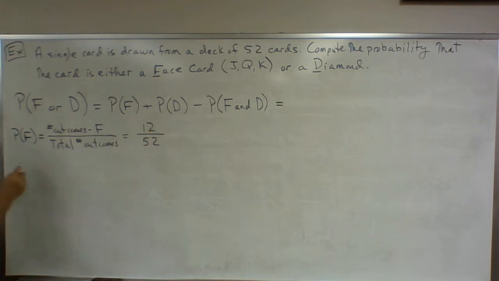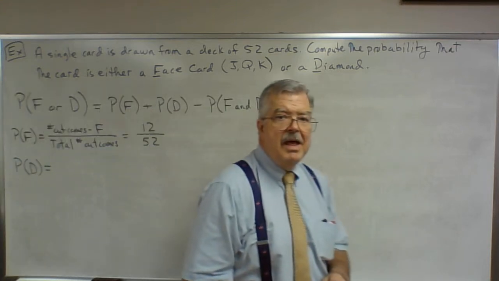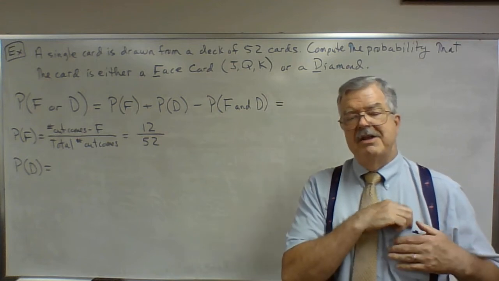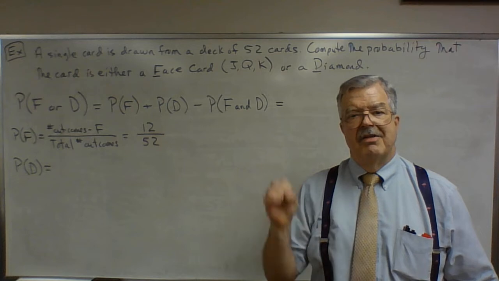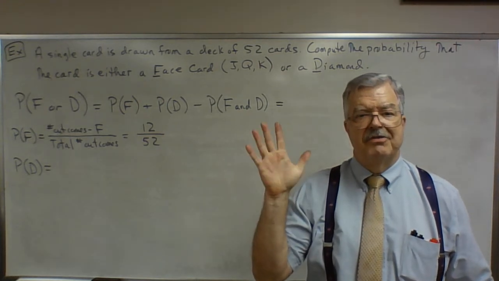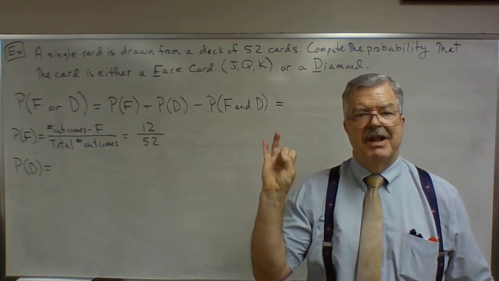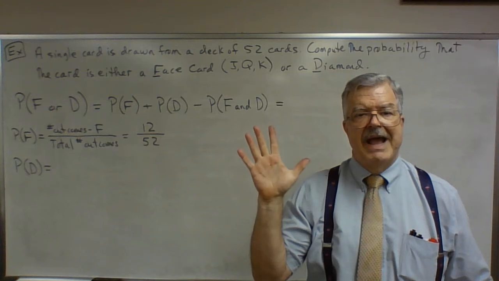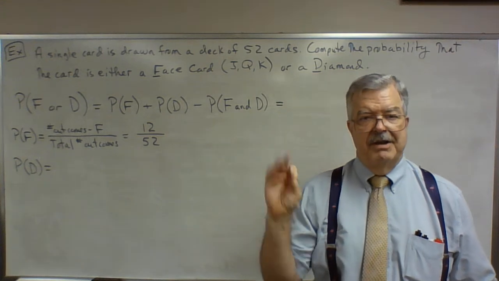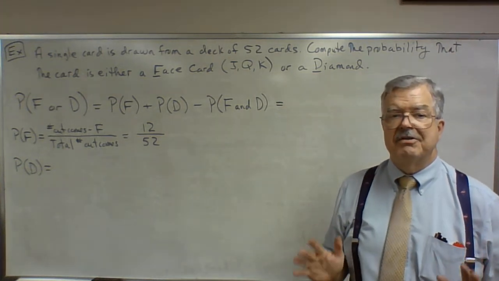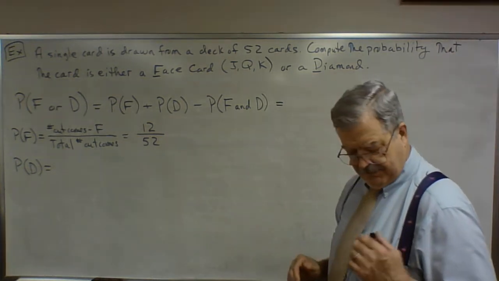Now, what about the probability that we get a diamond? In each deck, there are 13 diamonds. There's 2, 3, 4, 5, 6, 7, 8, 9, 10, Jack, Queen, King, Ace, 13. There are 13 diamonds in a deck.